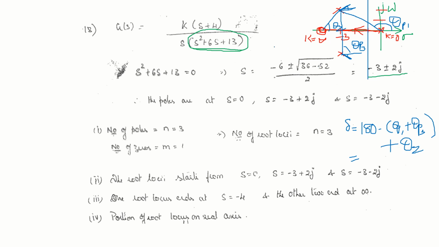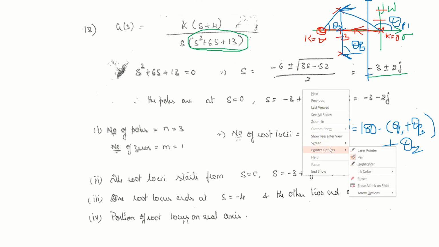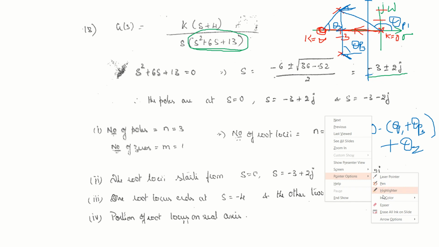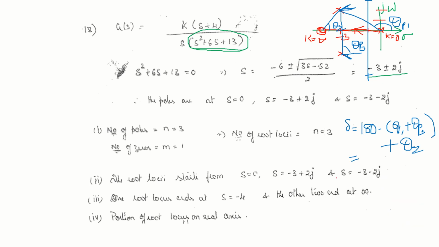Okay. Now next you find the k values and omega value. Then draw the root locus. Point pen, ink color red.